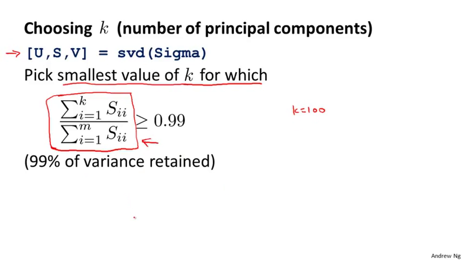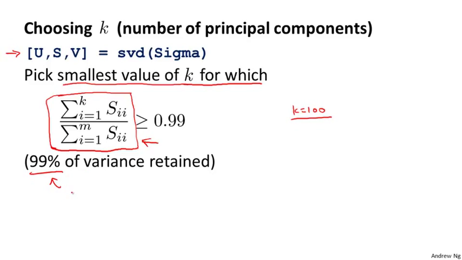If you report that number, people who are familiar with PCA can use it to get a good understanding of how well your 100-dimensional representation is approximating your original data set, because 99% of variance retained, that ratio being at most 0.01, is really a measure of your squared reconstruction error, and it gives people a good intuitive sense of whether your implementation of PCA is finding a good approximation of your original data set.